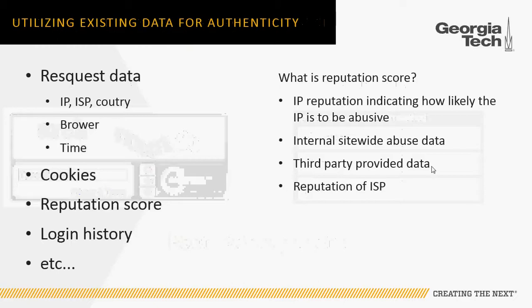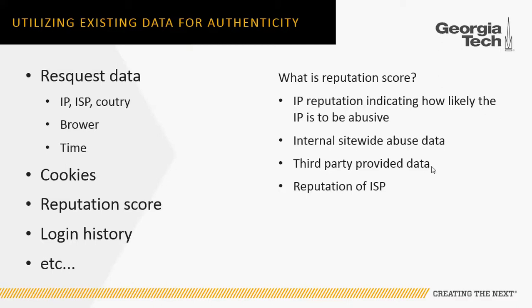So the paper proposed that some existing data can be used for authenticity. The first one is the request data. Obviously the IP address is one of the most important, and from the IP address you can derive the ISP, the internet service provider. For example, this IP may be provided by AT&T, and also you can derive country information from the IP address.